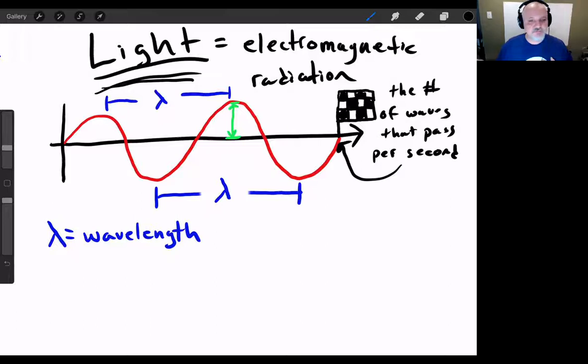What is that called? I want to know how frequently the wave passes. And it's not the speed, it's the frequency.